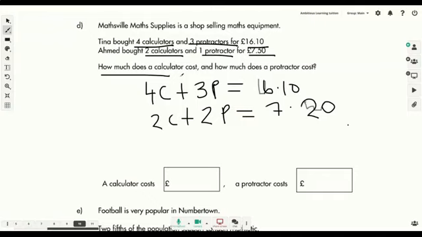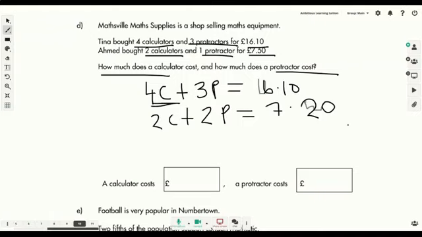So they're saying how much does a calculator cost and how much does a protractor cost. So they're asking you the cost of one calculator and one protractor.